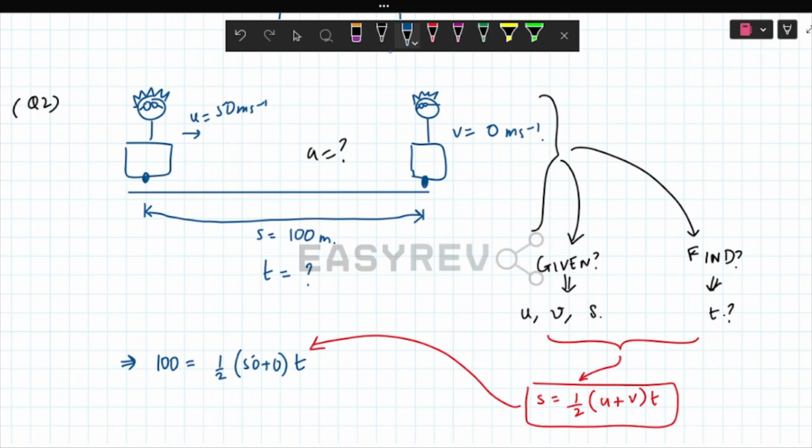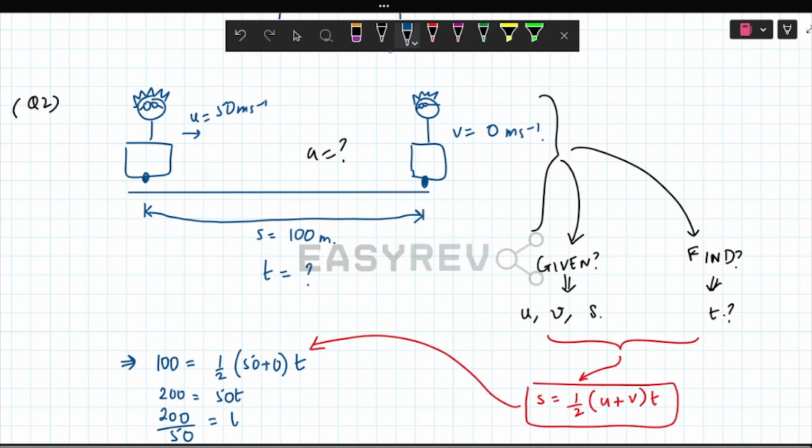Now it's just a matter of rearranging this equation. So we multiply 2 on both sides to get 200 equals 50 times t. Divide 50 on both sides and we should get 200 divided by 50 equals t. Simplifying this further, we will get 4 seconds.